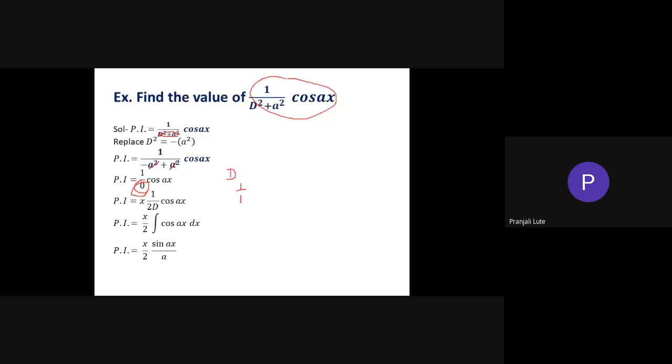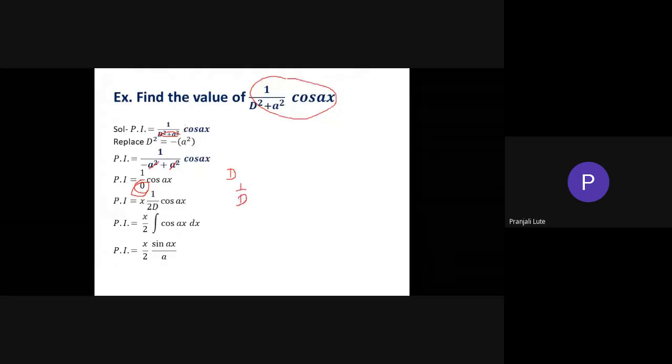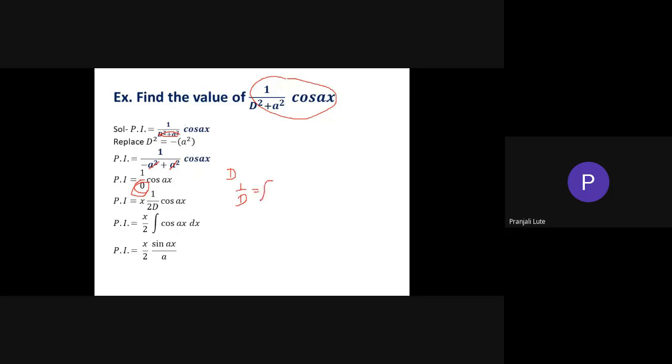So 1 upon D equals integration of cos ax into dx. So x by 2. What is the integration of cos? Integration of cos is sine ax upon the derivative of ax with respect to x, which is a. So this is the particular integral of that.